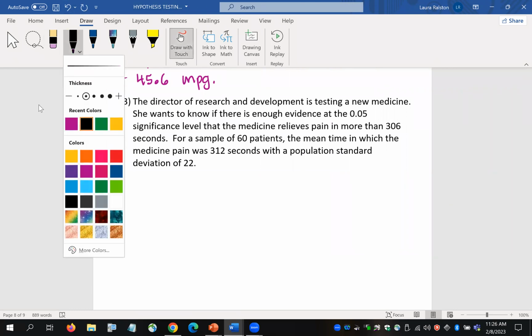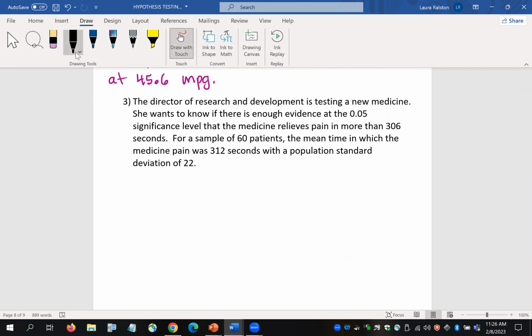Okay, so we read the problem, and it says, the director of research and development is testing a new medicine. She wants to know if there's enough evidence at the 0.05 significance level that the medicine relieves pain in more than 306 seconds.